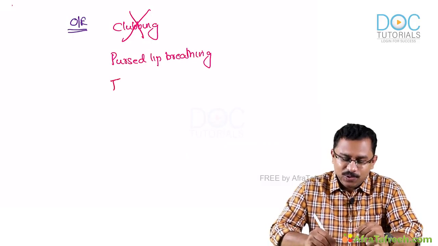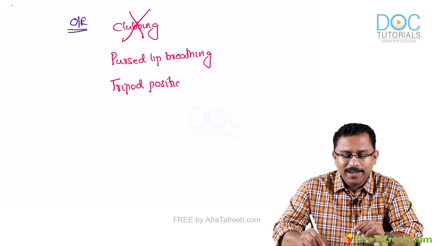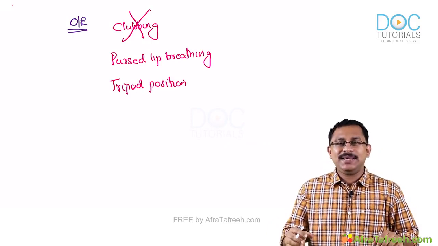Sometimes the typical attitude that is described is that patients with COPD would sit in a tripod position with hands forward, and slightly lean forward. You call it the tripod position, and there is pursed lip breathing.